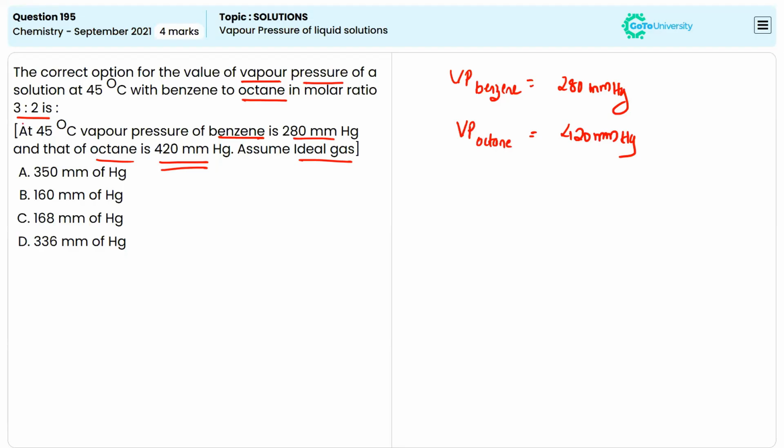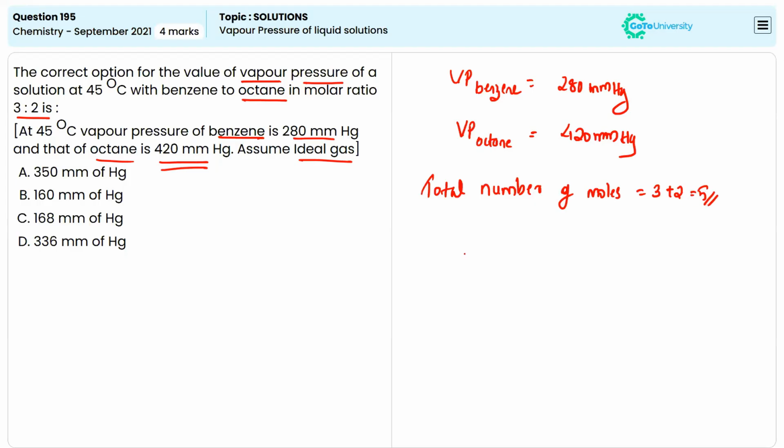That is given as 3:2. So we can write the total number of moles will be 3 plus 2, right? Because the ratio is 3:2 means the total will be 3 plus 2 only. So the total number of moles is equal to 3 plus 2, that is 5.